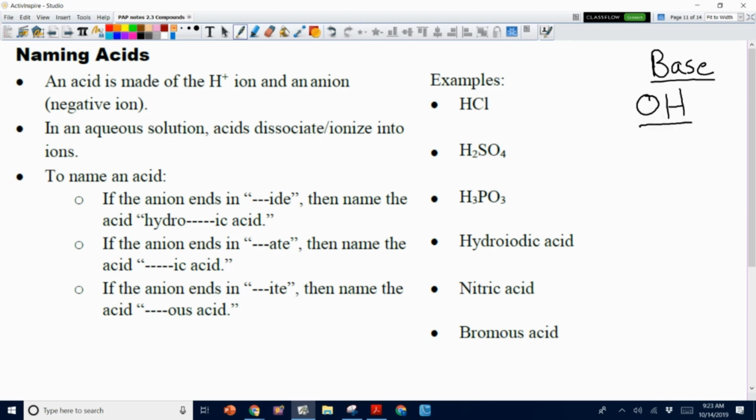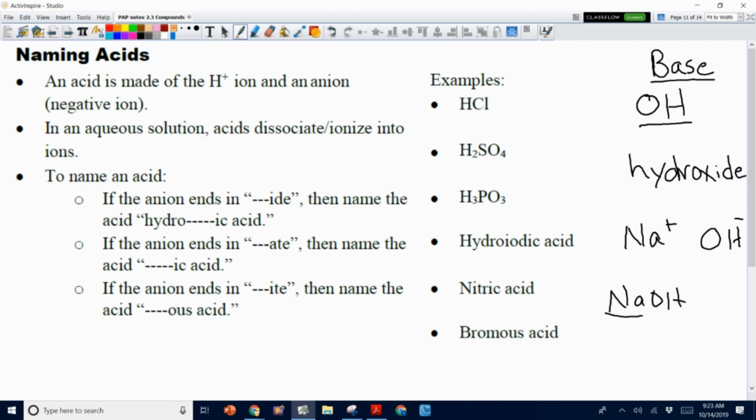This is called hydroxide. So that doesn't change or affect anything about the naming. So say, for example, we have sodium, that's a +1, and hydroxide is a -1 polyatomic ion. Okay, so those charges are the same, so you just smash them together, NaOH.